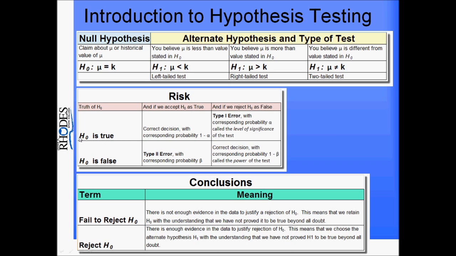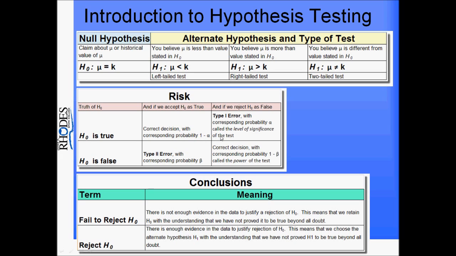This first outcome is, let's say that H sub 0 is true. In other words, let's say the distributions are truly the same. If we accept H sub 0 as true, then you made the correct decision, right? And that probability is known as 1 minus alpha.